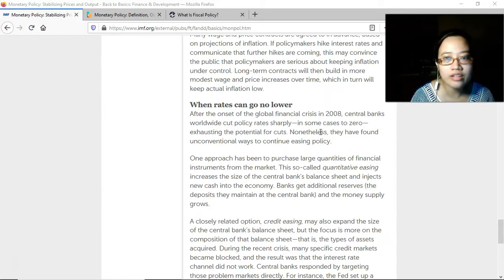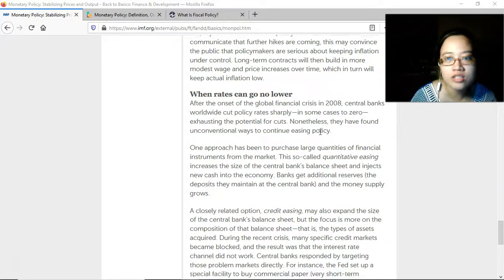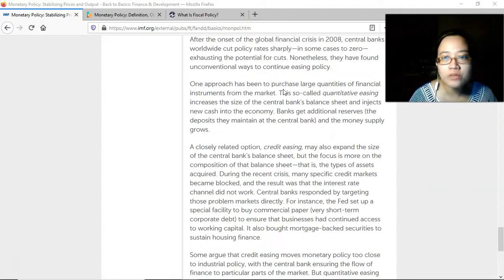Nonetheless, they have found unconventional ways to continue easing policy. One approach has been to purchase large quantities of financial instruments from the market. This so-called quantitative easing increases the size of the central bank's balance sheet and injects new cash into the economy. Banks get additional reserves, the deposits they maintain at the central bank, and the money supply grows.